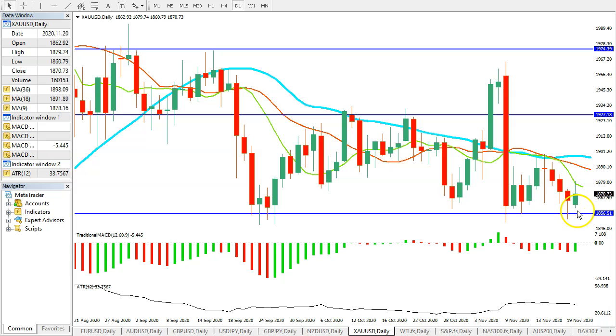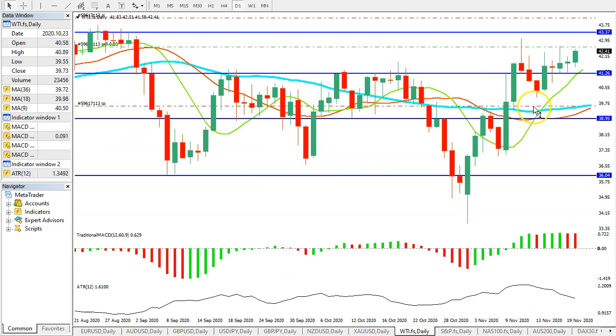We will also be looking for potential short entries if we break below this level. So if we get any setup with a break below this very strong level, we will go short. We will also go short if the price reverses back at this level and gives us a setup.